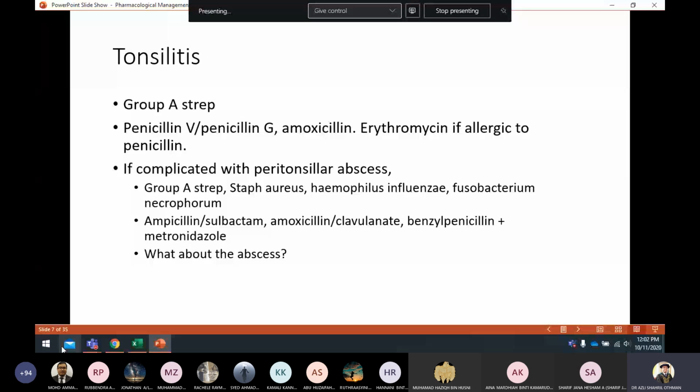And that is the reason why, when you go for your housemanships in like 3 years time, when you get posted into the surgical wards, you always see metronidazole being prescribed. Number one, they get a lot of abscesses over there. In surgery, you deal with a lot of abscess.